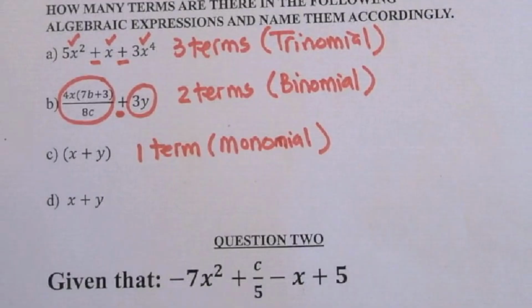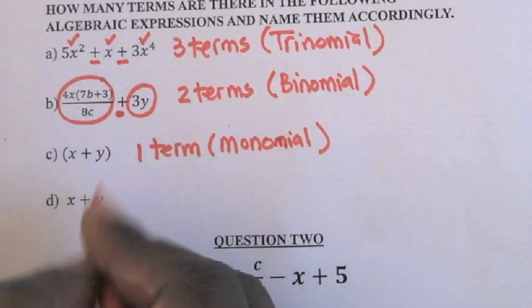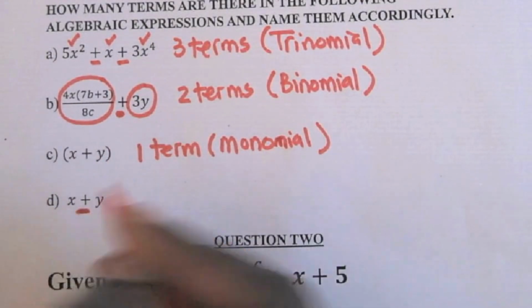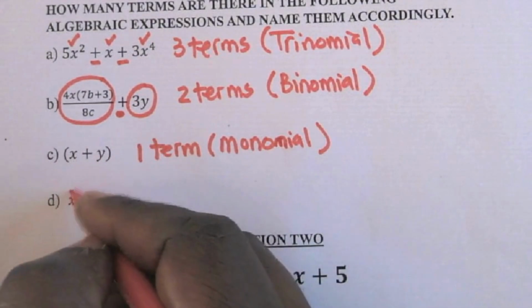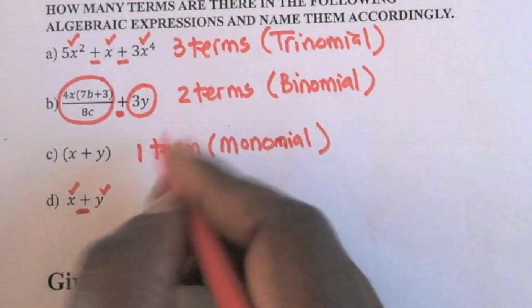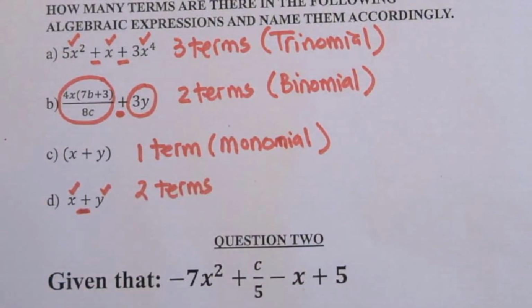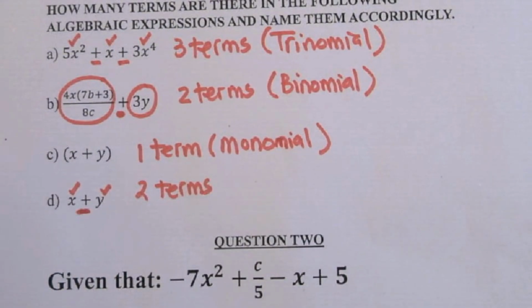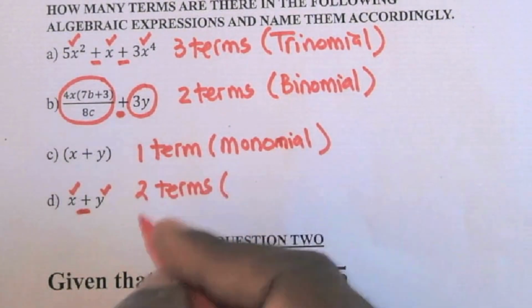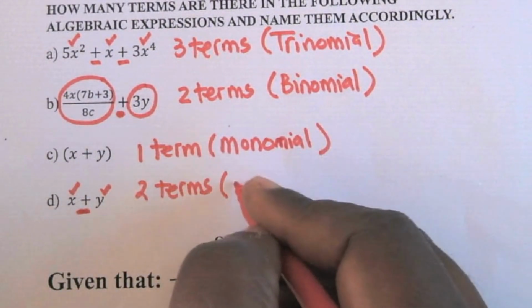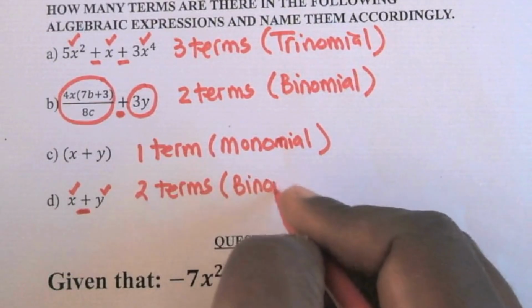And then if we go to the last one here, we are going to see that x and y are separated by a plus sign. So we have 2 terms. And we call this algebraic expression binomial.